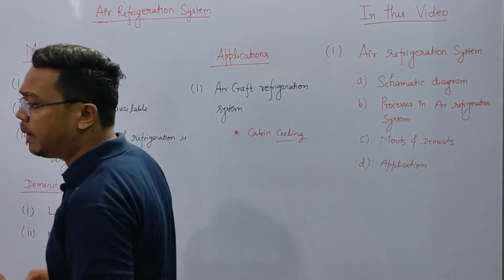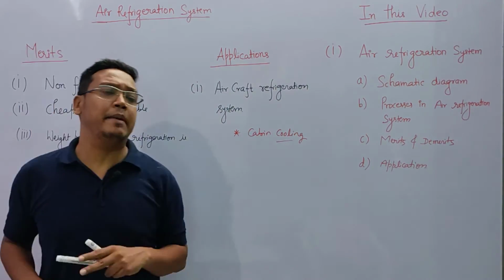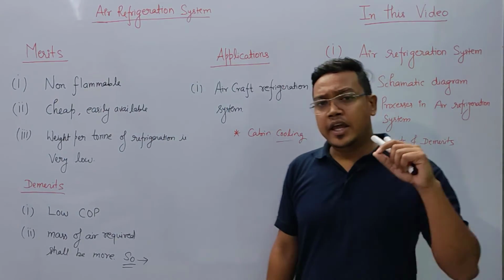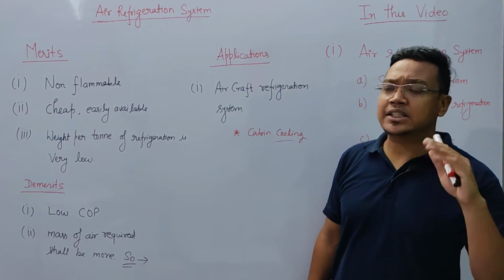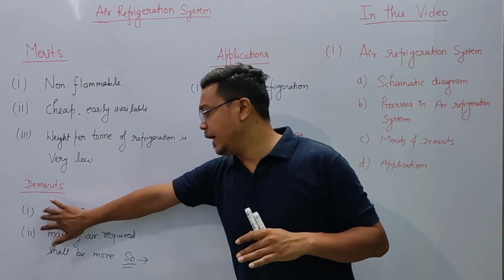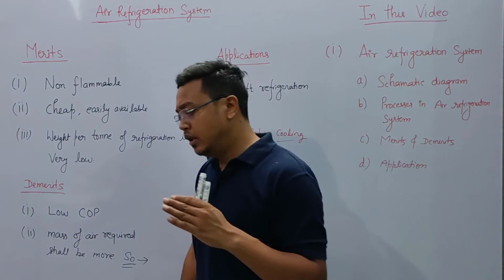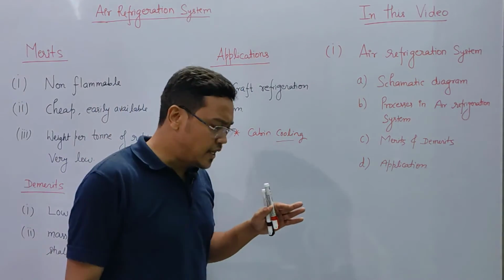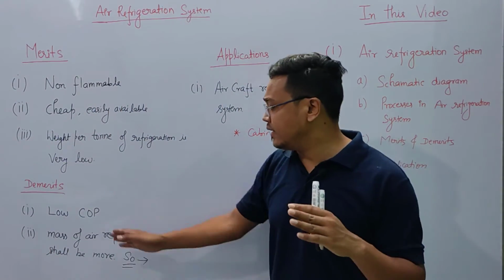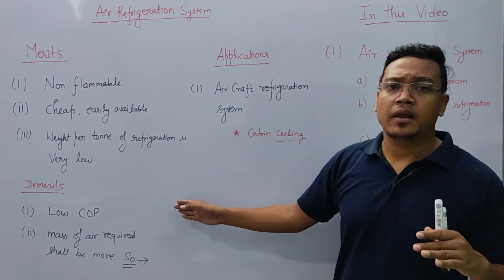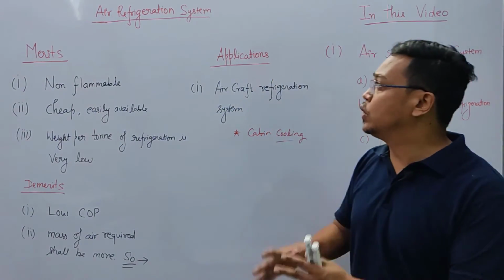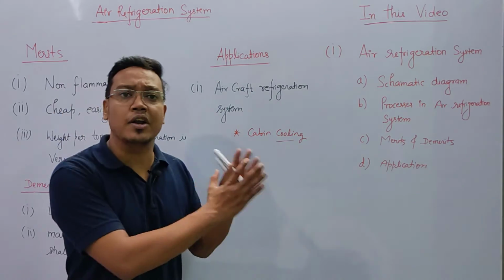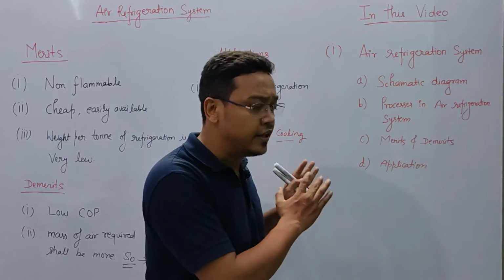Now what are the demerits? There are two demerits. First demerit is that the air refrigeration system has low COP, low coefficient of performance. We will see COP in detail when we do the analysis of the air refrigeration cycle, or Bell-Coleman cycle, in the next video.